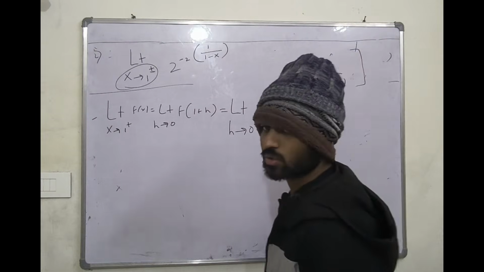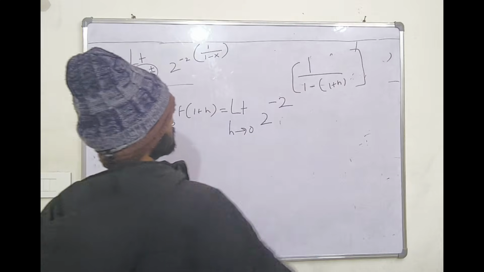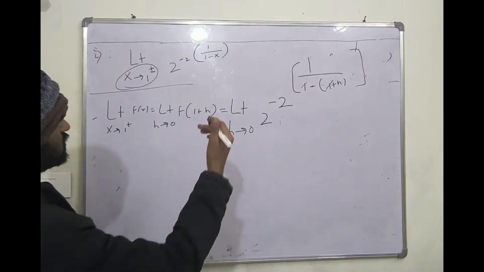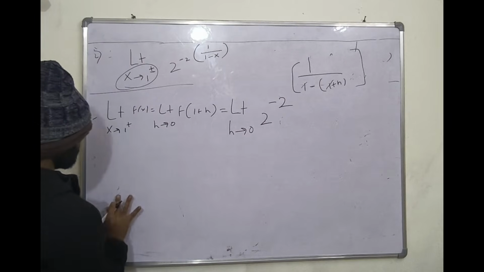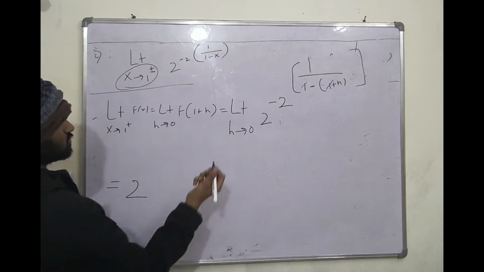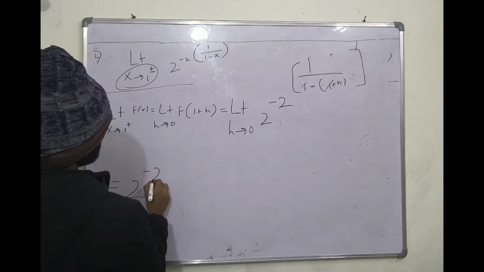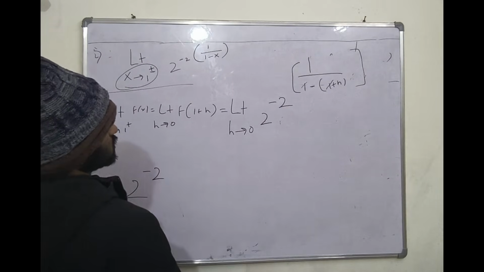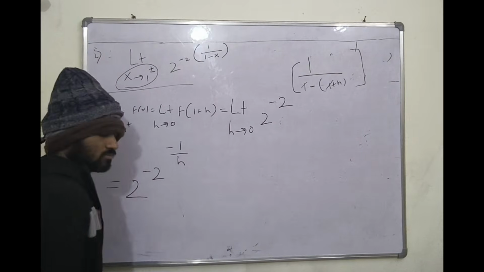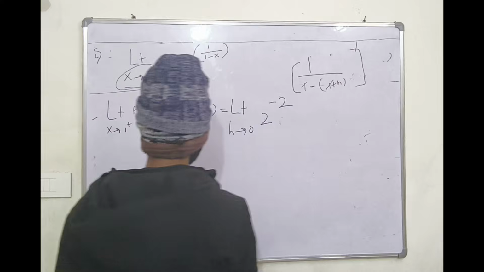Good. 1 cancel, that comes as 2 power minus 2 and this is minus 1 by h.